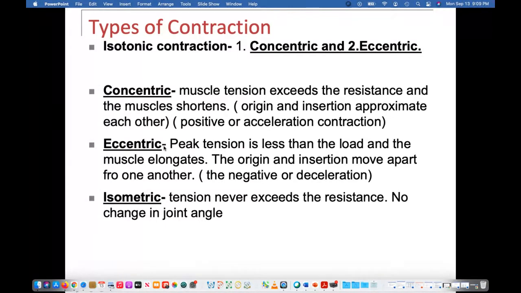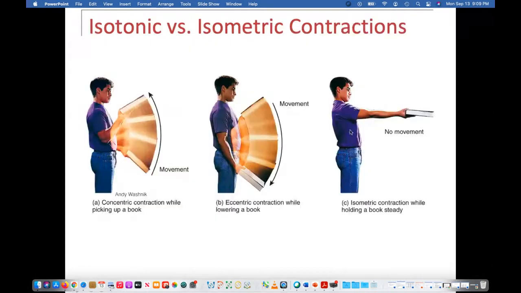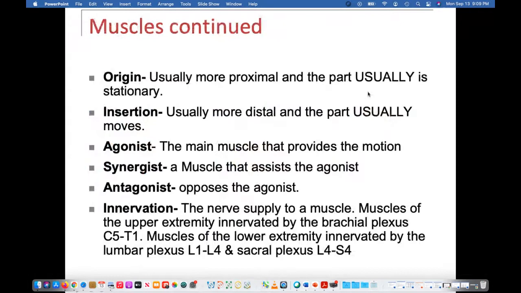The eccentric contraction is when peak tension is less than the resistance, or the load, and the muscle elongates, which is where the origin and insertion move further apart from one another. And isometric is when the tension cannot exceed the resistance, which means there's no change in the joint angle at all whatsoever.